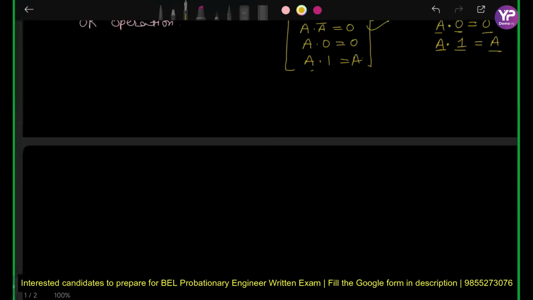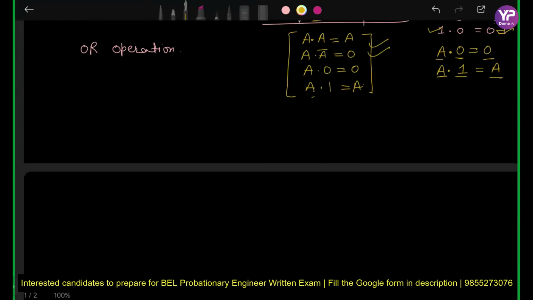Yes, next is the OR operation. OR operation means what? Output Y is equal to A or B. This is not plus, it is OR here, right? A, B, output Y: 0 0, 0 1, 1 0 and 1 1.